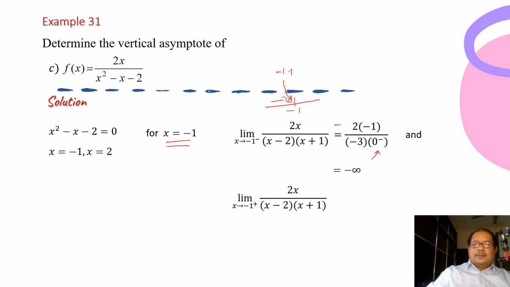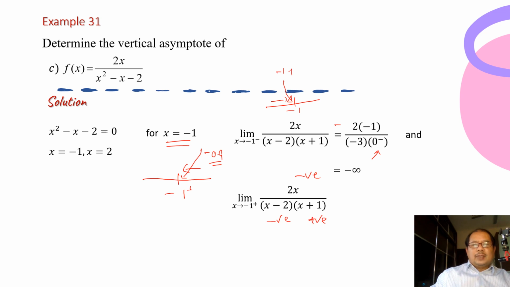Next, find the limit as x approaches -1 from the right. We can test a value here, negative 0.9. Negative 0.9 times 2 is negative. Negative 0.9 minus 2 is negative.